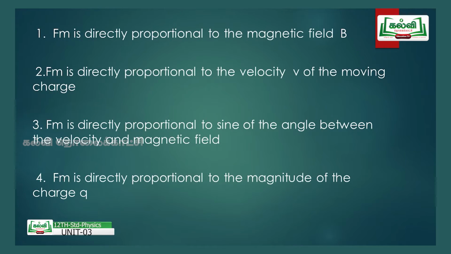The words moving charge are very important: if the charge is not moving, there is no Lorentz force. Fm is directly proportional to the sine of the angle between velocity and magnetic field, sin theta. Fm is also directly proportional to the magnitude of the charge q.